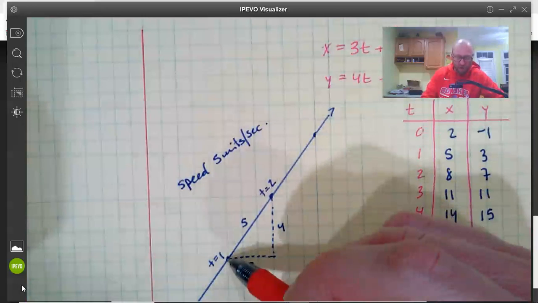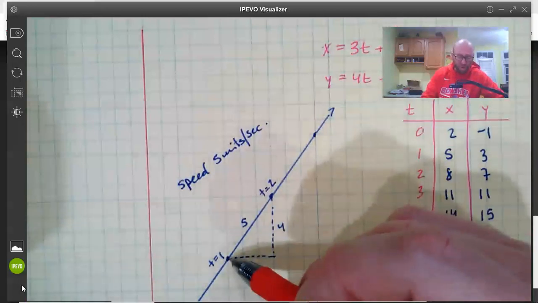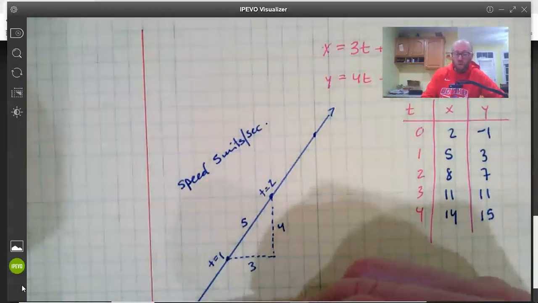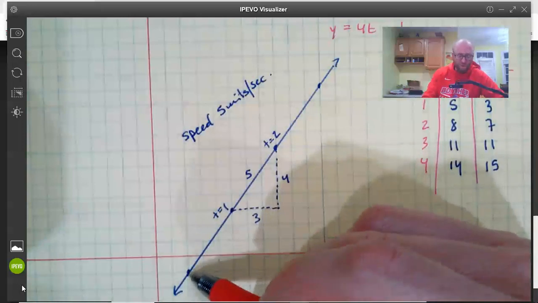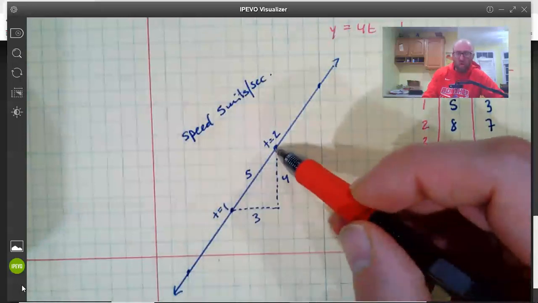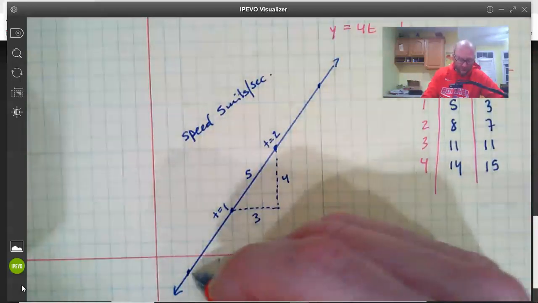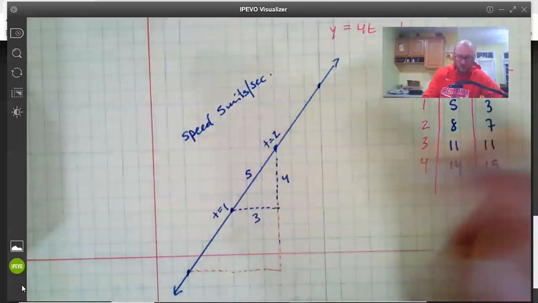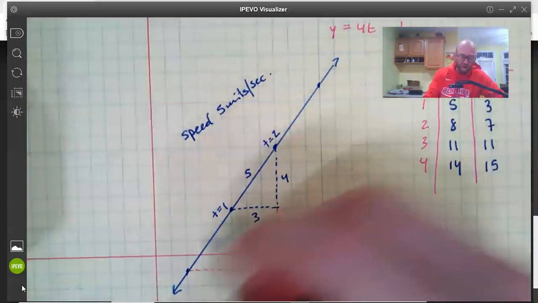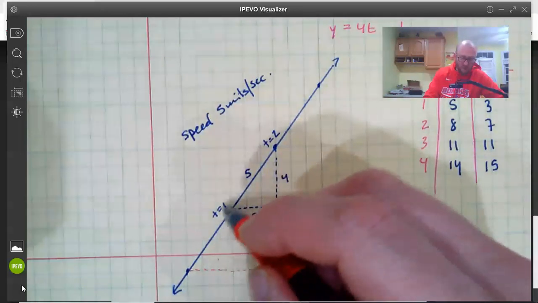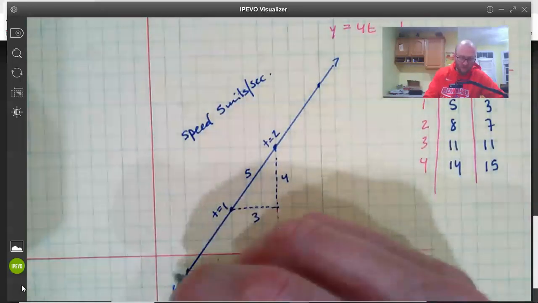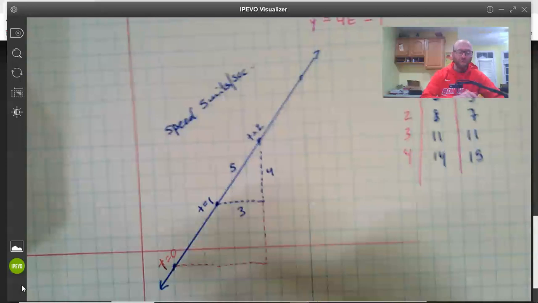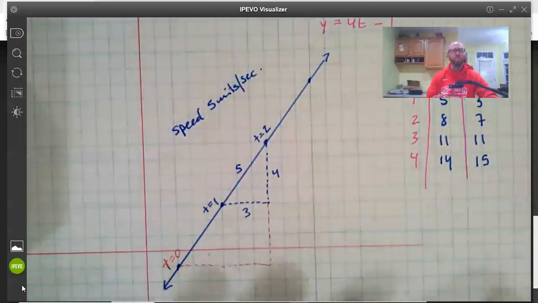I want the bug to travel from t equals 0, from this point right here all the way up to here, so twice as far in the same amount of time.